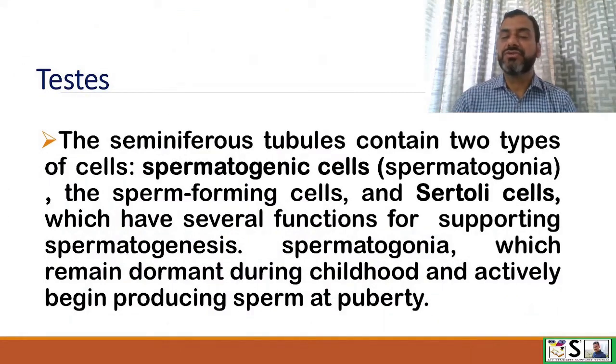The seminiferous tubules contain two types of cells: spermatogenic cells or spermatogonia, which are the sperm forming cells, and another one is Sertoli cells, which have several functions for supporting the spermatogenesis. Spermatogonia remain dormant during childhood and actively begin producing the sperm at puberty.